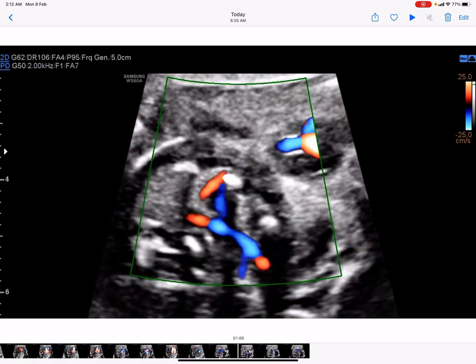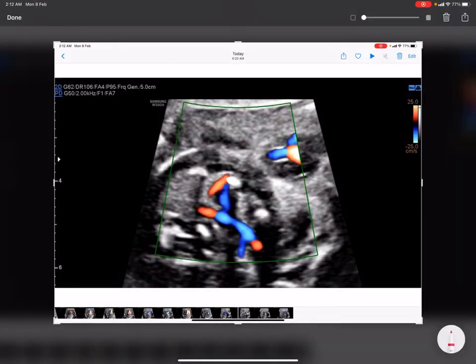Now this blue vessel which is coming and going towards the right side, this is the right. This is the left of the fetus. We saw that the apex of the fetus was towards the left. Okay, so this was the apex of the heart. So this is the left of the fetus, and this S-shaped vessel is nothing but the normal right subclavian artery, and this is the trachea over here.